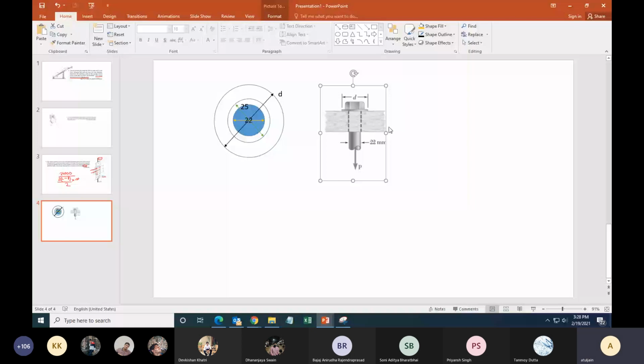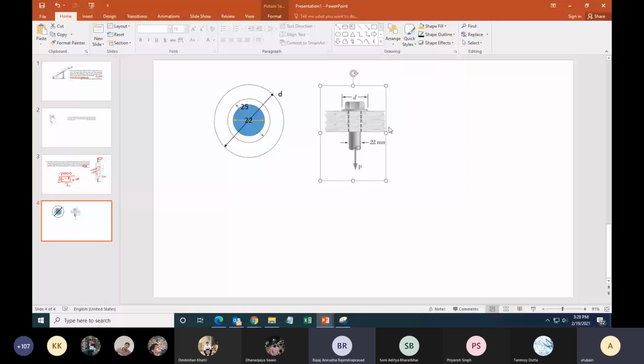If you have to calculate the shear stress in the wooden block, then what will you do? Which area will you take? The curved surface area with diameter 25.